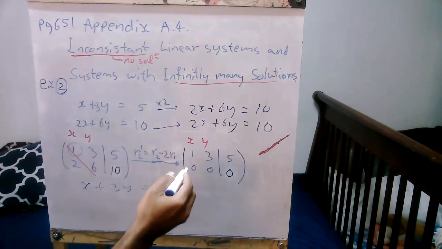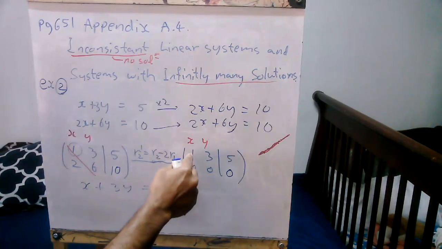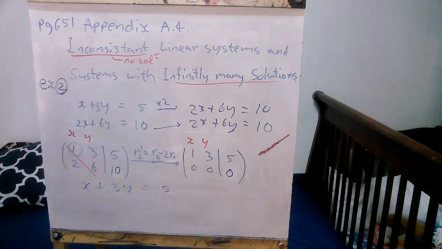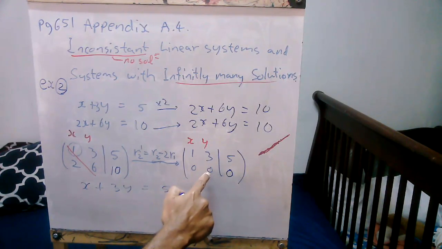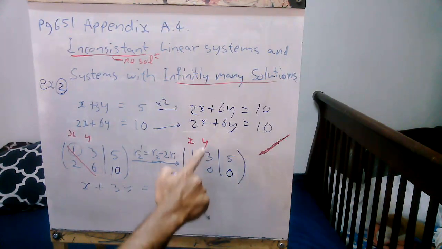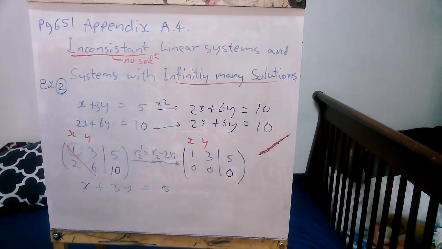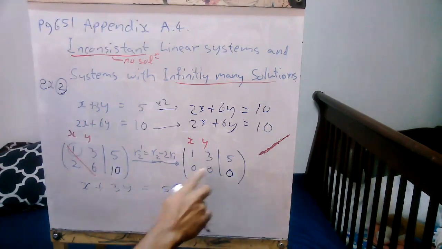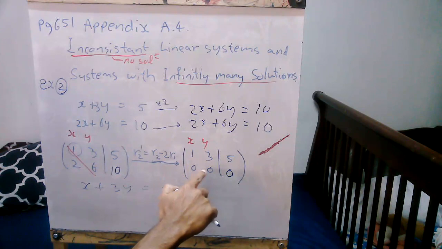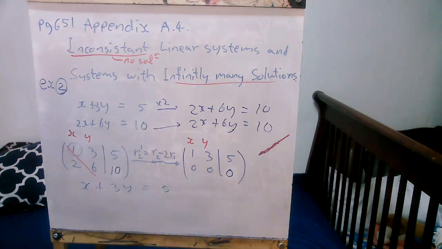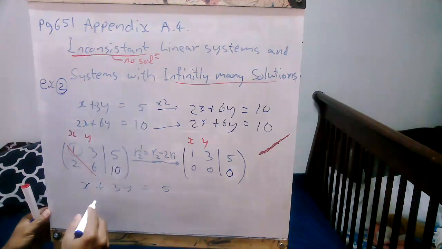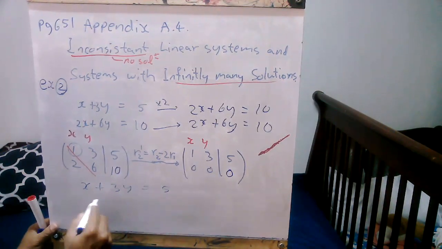Now, what's missing in the second row is we expect to get 1 here, which is the coefficient of y, right? Since the coefficient of y is missing, we can assign an arbitrary constant.